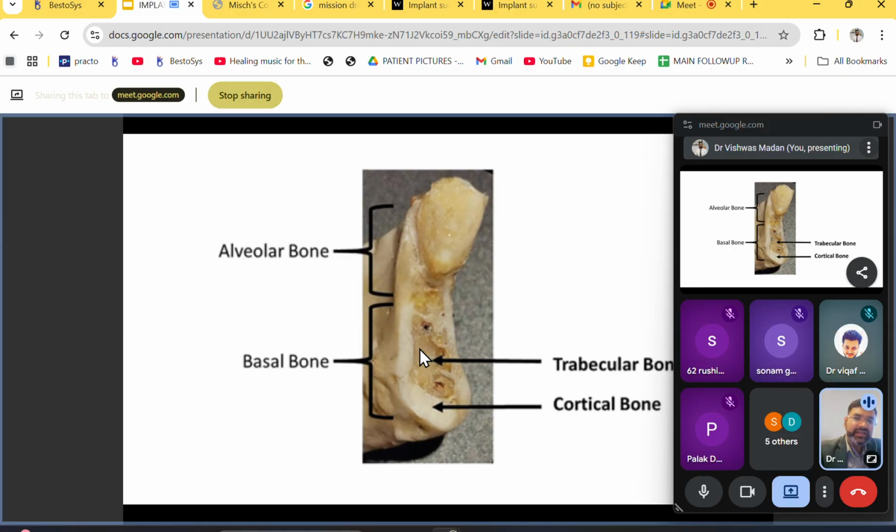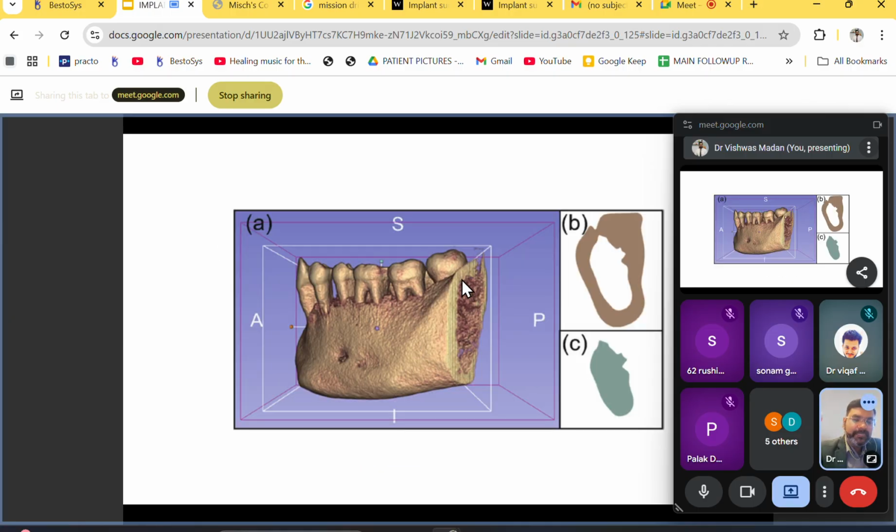That's why if you have done extractions, you would know, like in a disimpaction, when we start drilling with our burr in the third molar area, there is hardly any bleeding, but suddenly the burr slips inside and we get blood and we get scared. Have I hit the inferior alveolar artery or something? But actually it's not the case.